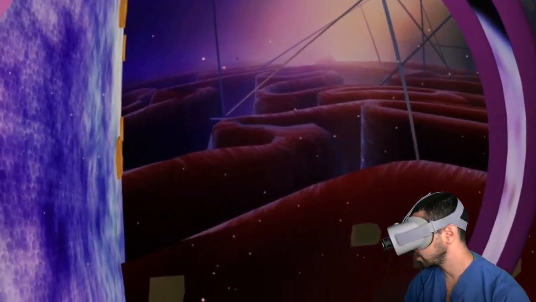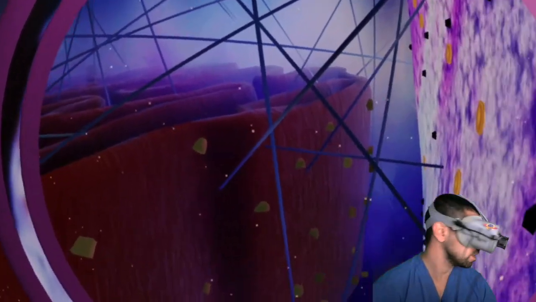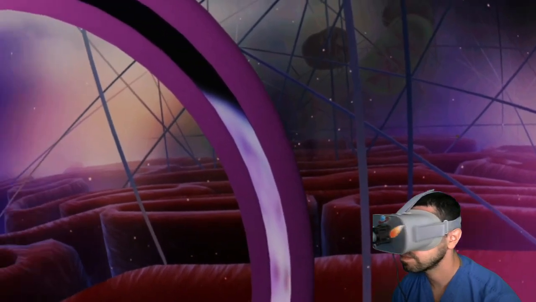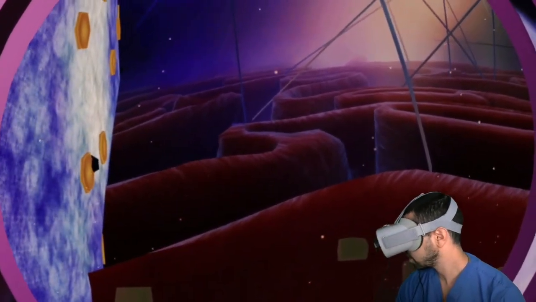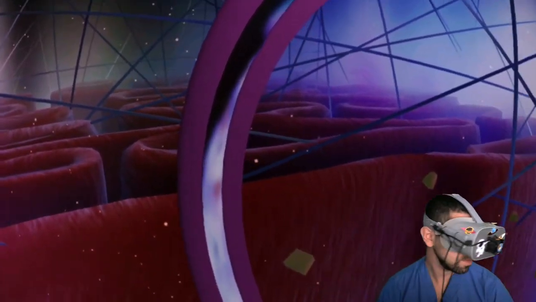Oh my god, look at this. This looks like a maze. What is it? This is the endoplasmic reticulum. This is basically made of flattened membrane.